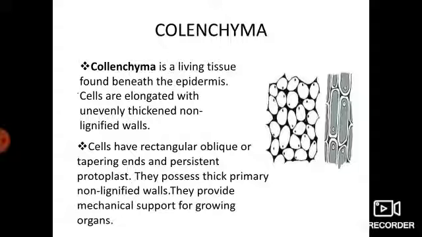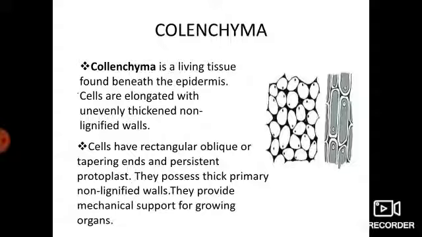The cells have rectangular, oblique or tapering ends and persistent protoplast. They possess thick primary non-lignified walls. They provide mechanical support for growing organs. Due to the presence of thickenings in the intercellular spaces, the collenchyma is useful to give support to the growing organs.